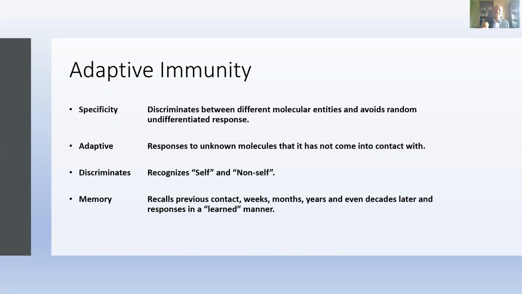When it sees self, it is not going to act, but when it recognizes non-self, it will act. Fourth is memory, which it learns as it continues, to aid in rapid eradication of the pathogen. So those 4 are important in adaptive immunity.